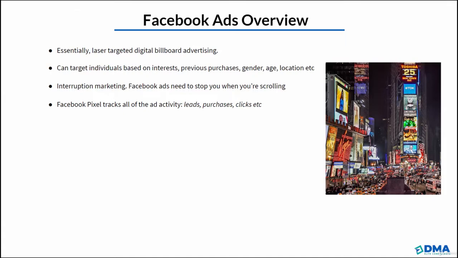We can create various audiences and be able to retarget those individuals with an ad that says, hey, we noticed that you landed on our landing page, or we noticed that you were interested in XYZ offer and you didn't fill out your information.